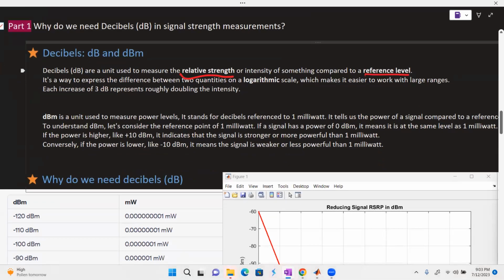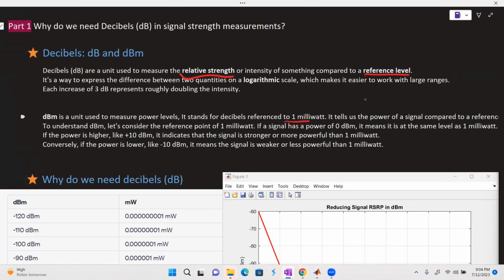Now let's go to dBm. dBm is a unit used to measure power levels. It stands for decibels referenced to 1 milliwatt. As we spoke about in decibels, it's always measured relative to something, a reference level.